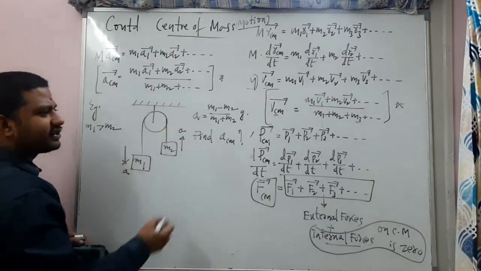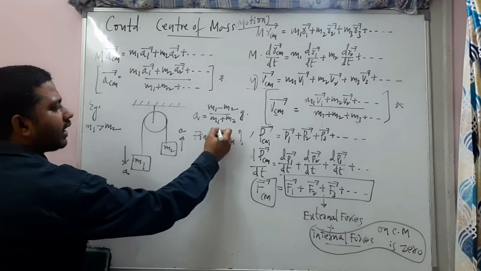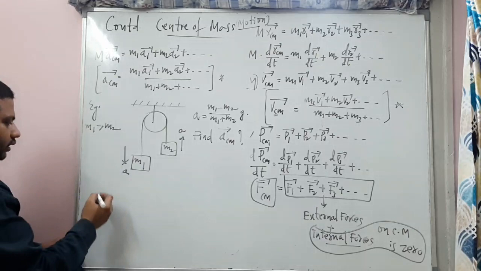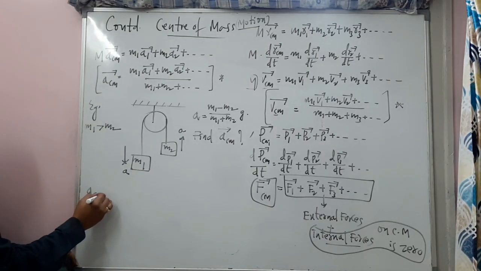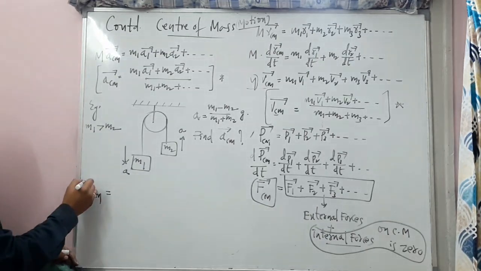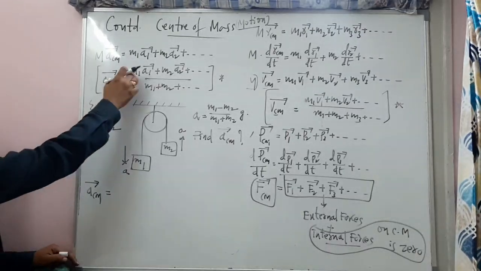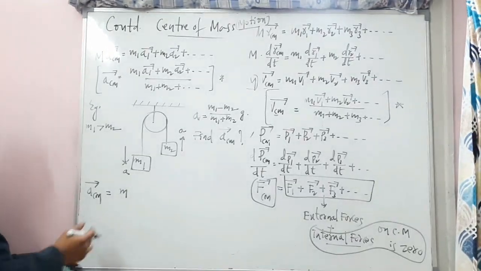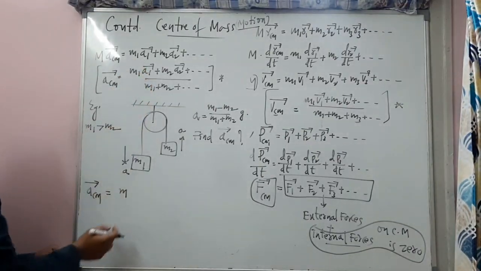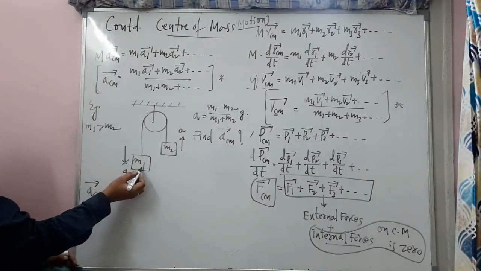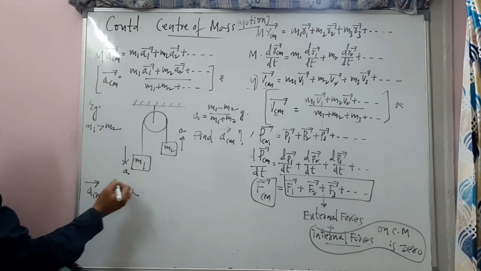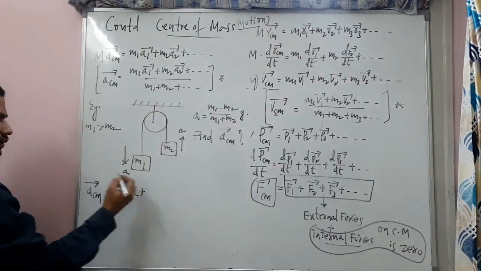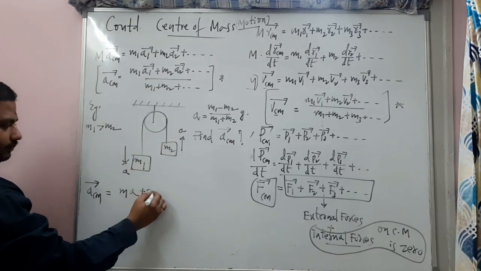Acceleration of the center of mass is a vector quantity, right? Look at here. Acceleration of the center of mass is a vector quantity. Let's write it in vector form. This is m1, and this is a1. a1 is what? It's a, let's say, first one. First body is moving with an acceleration a, plus m2.